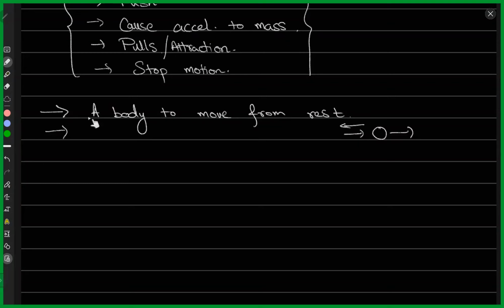So a body's speed may increase or decrease, right? I said 4 points, but I just took 2 points and wrote them as 1 point, saying that a body's speed may increase and a body's speed may decrease. So in total now we'll just have 3.